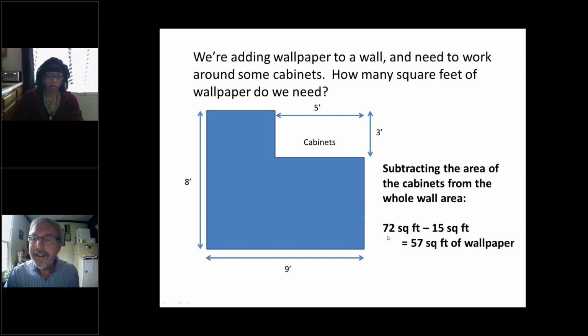Close. 72 minus 15 would be 57 square feet of wallpaper that we would need. So 72 minus 15. Okay. Yeah. All right.